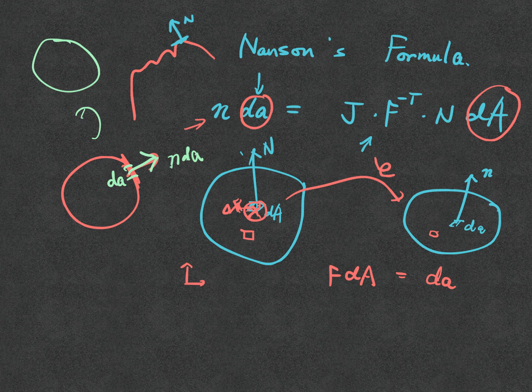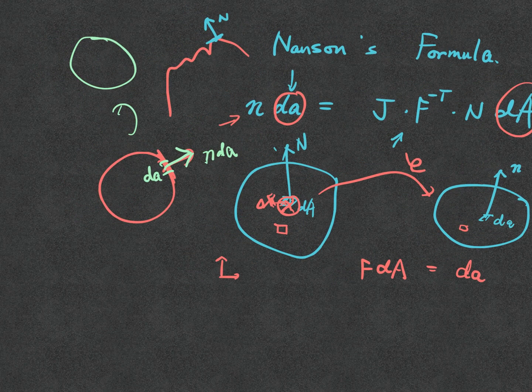So how do we do that? Now we need to think about what happened to the n vector.